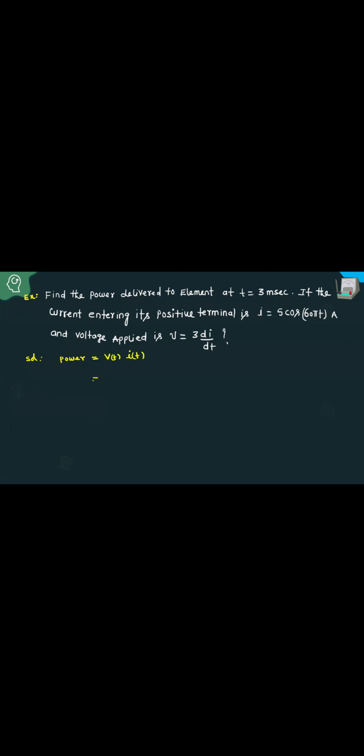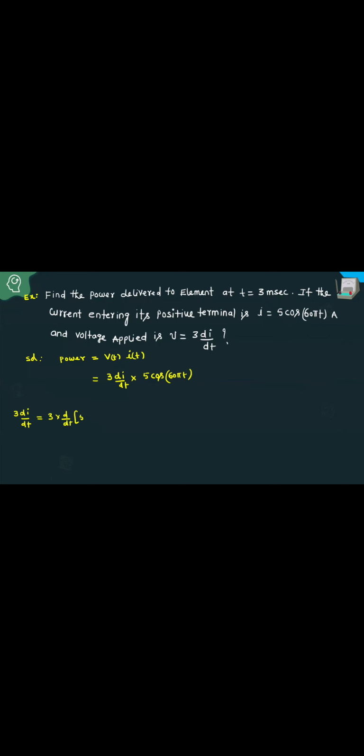What voltage is given? 3 into di by dt, into I of t, 5 cos 60 pi t. You have to calculate what is 3 into di by dt. Separately I am doing this. This is 3 into d by dt of what?